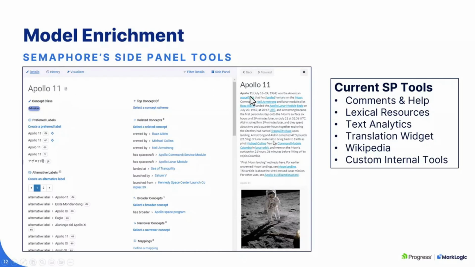So we have a couple different tools you can use. We have the lexical resource tool, which makes suggestions for alt labels, so synonyms. We have the text analytics tool, which allows you to bring a collection of documents and run it against your model, and it'll allow you to add in new concepts and alt labels suggested from the collection of data.